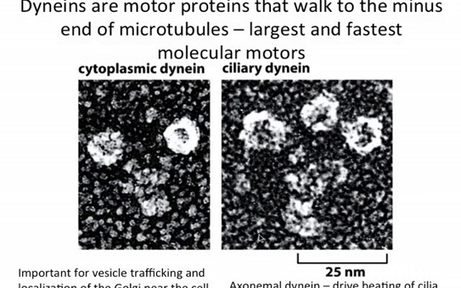These are important for vesicle trafficking and localization of the Golgi near the cell center. And then there's this one right here, ciliary dynein. There's a form of ciliary dynein called axonemal dynein, which drives the beating of cilia and flagella. And we'll talk a little bit more about that.